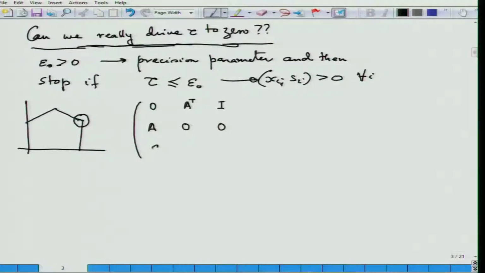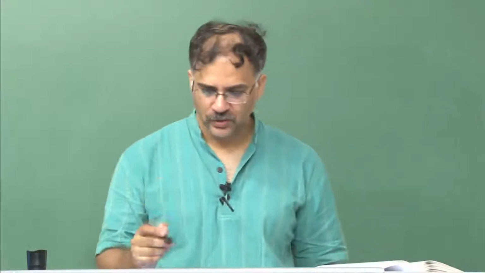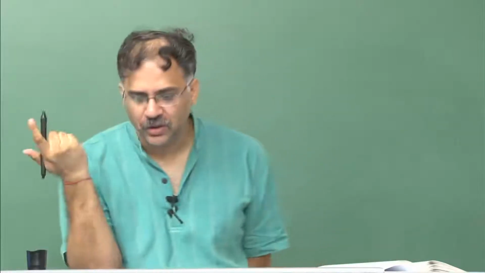So, what we do is, I take the duality measure, I take some tau: there is an initial starting point x naught, s naught, and you take tau depending on x naught, s naught. So, this will be a starting tau. Then you use that tau in the equation, but xi si need not be exactly tau for every i.